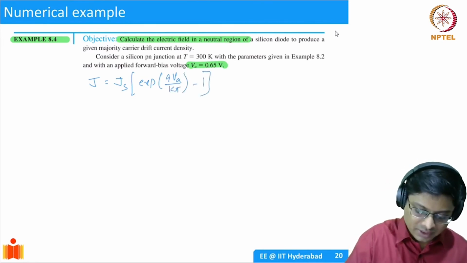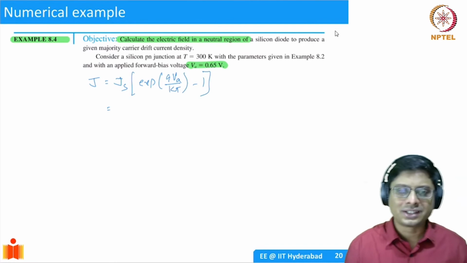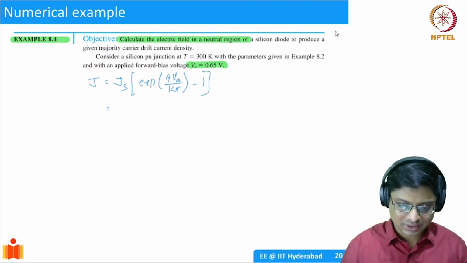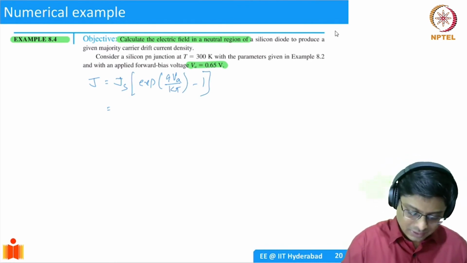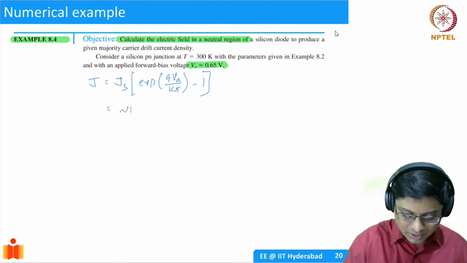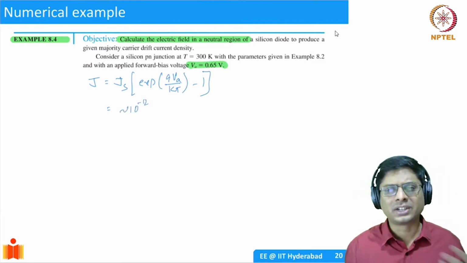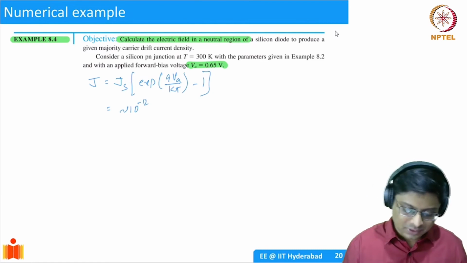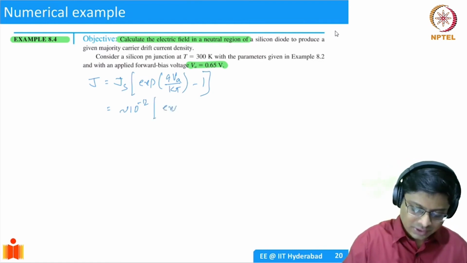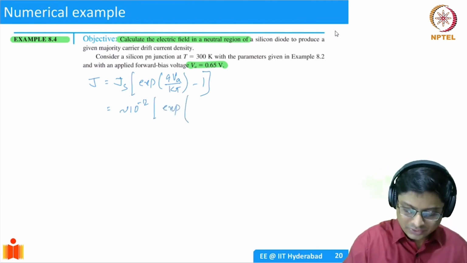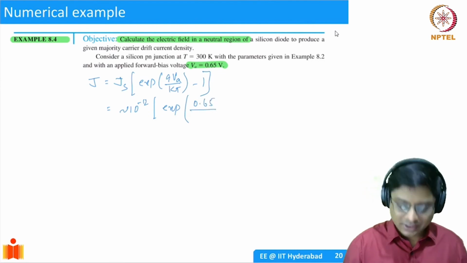So how much is this going to be? Let's assume, I'm not computing exactly, but just doing a back of envelope calculation. So this is roughly, we said 10 power minus 12 amps per centimeter square, times exponential of QV applied, 0.65, divided by KT, at room temperature.